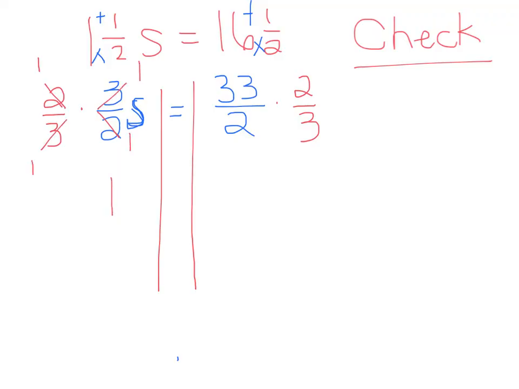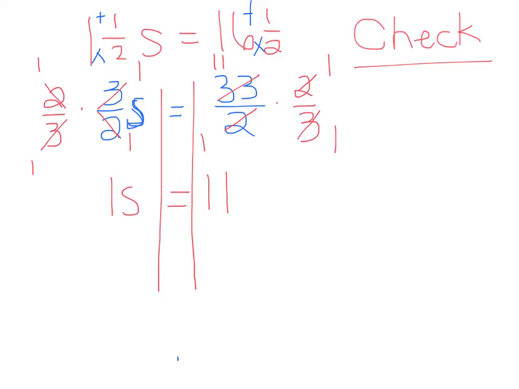So I'm left with 1s. Now here, both of these 2's will cancel to become 1. This 3 will cancel to become 1, and 3 goes into 33 11 times. So 11 times 1 is 11. So 1s equals 11. We can always check our answer.